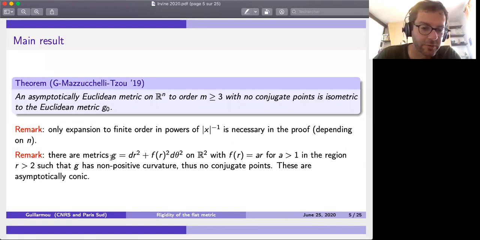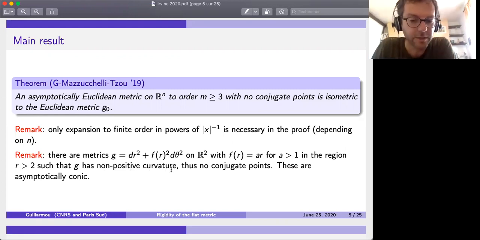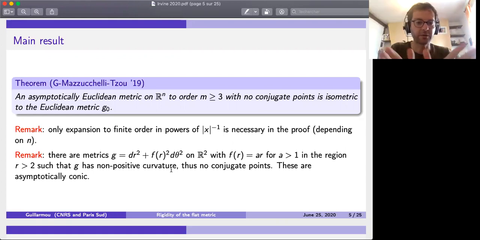And you can actually construct them so that g has non-positive curvature. If you have non-positive curvature, it means you have no conjugate point. So they really look like cones, but the angle of the cone is slightly more open than Euclidean space. For Euclidean space, a would be 1. So it means that the Euclidean infinity in this type of rigidity result is really a kind of boundary, a kind of transition case.